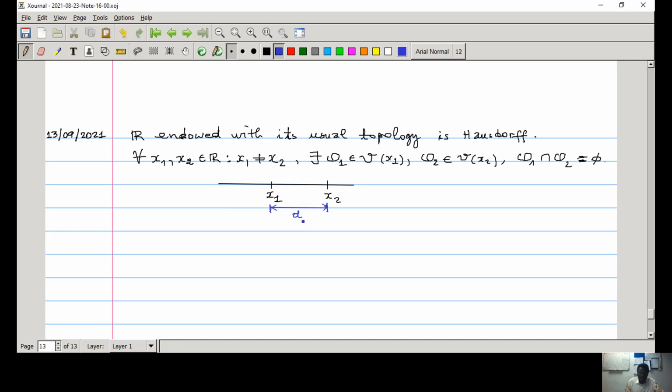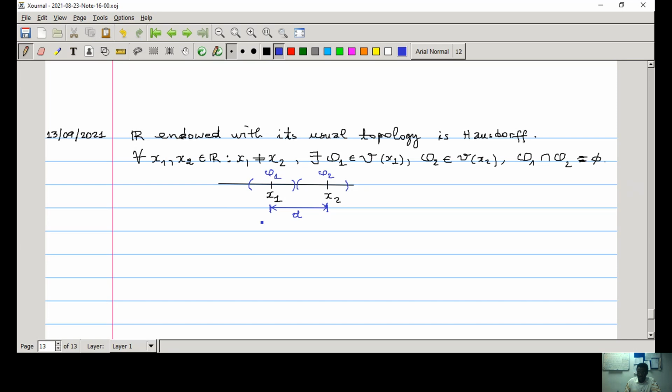So that distance we call D. All right, so this O can be this, and this is O1, and this is O2. This is always possible. Now, how do we prove it?